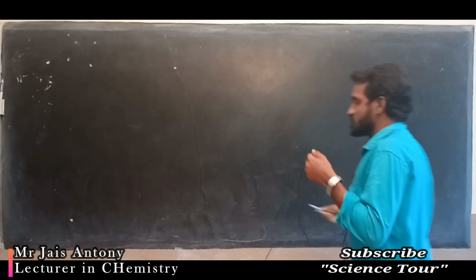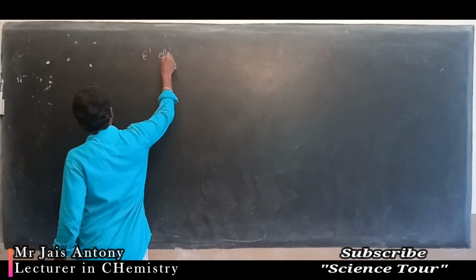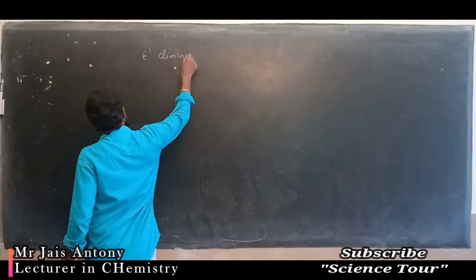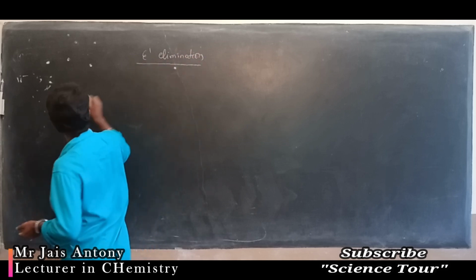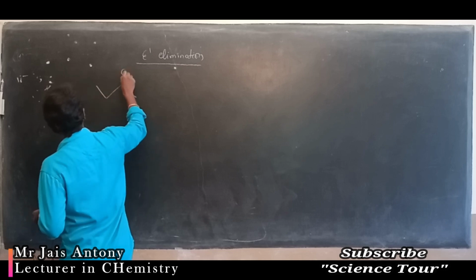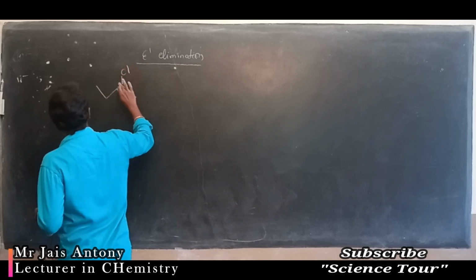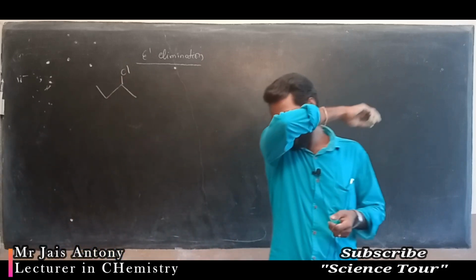Okay, dear students, now we are going to discuss E1 elimination. This is 2-chlorobutane.